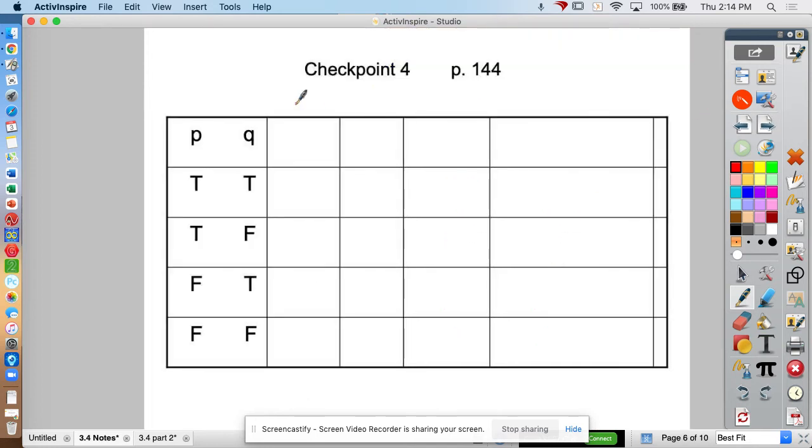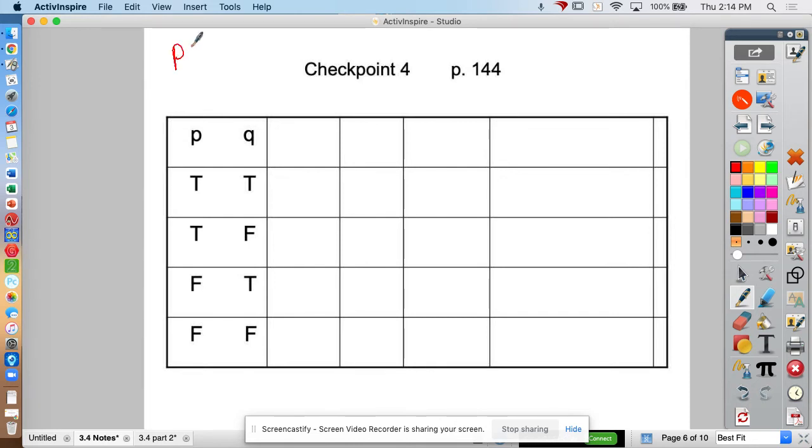So if we look at checkpoint 4, I'm going to write this for you so you don't have to get your notes or your book open. Sorry, I paused there a little bit longer than I meant to.